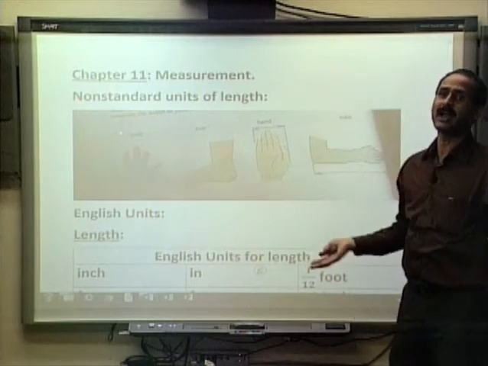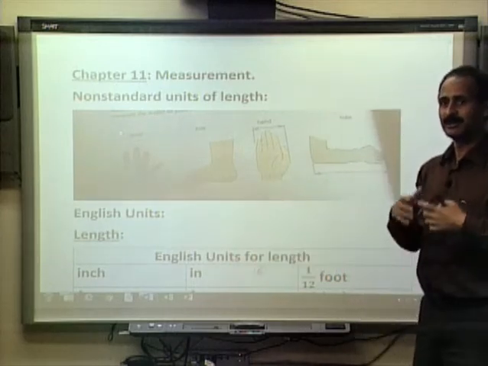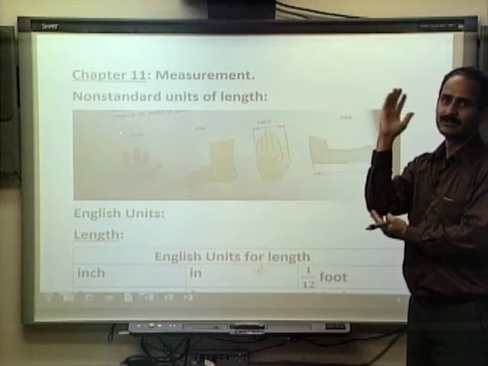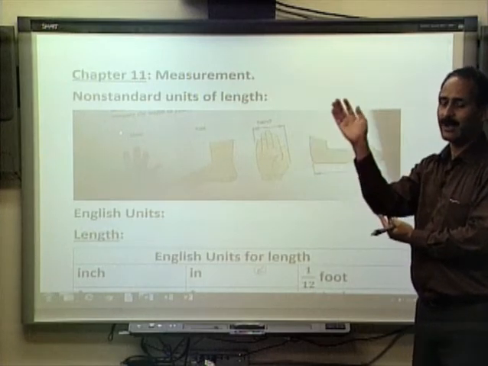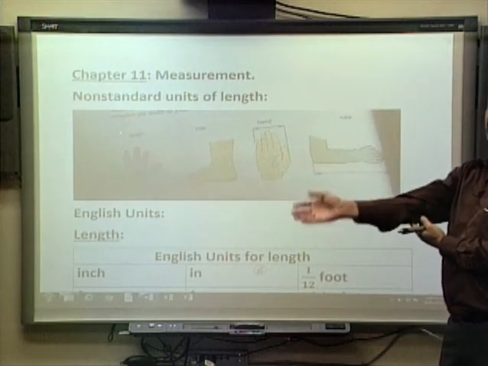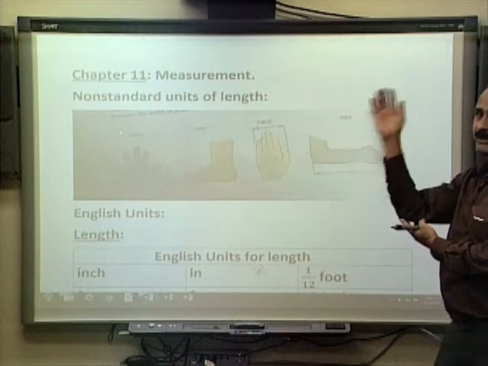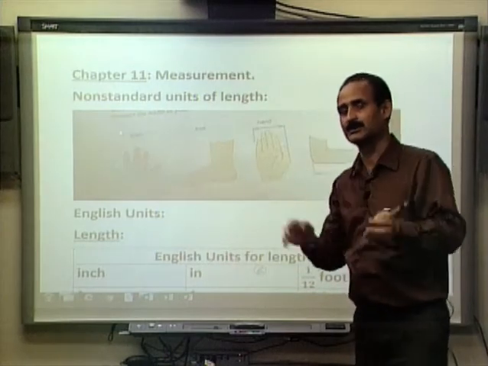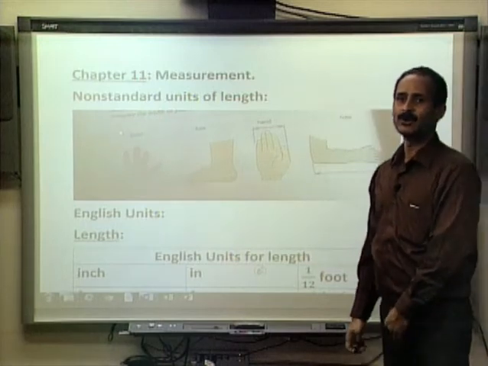These are non-standard units because different persons will have different lengths of this. If I measure something using my hand and it is 10, somebody with a longer hand than mine will measure it as just 8 or 9. So it depends from person to person.